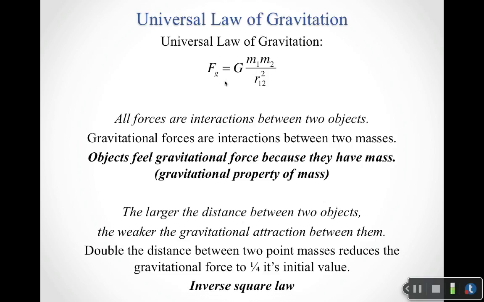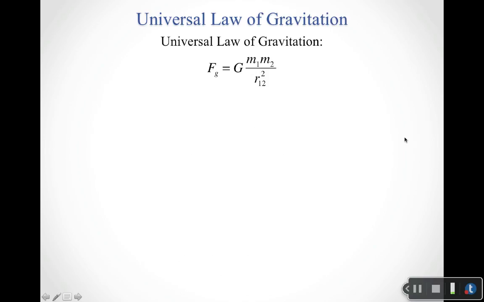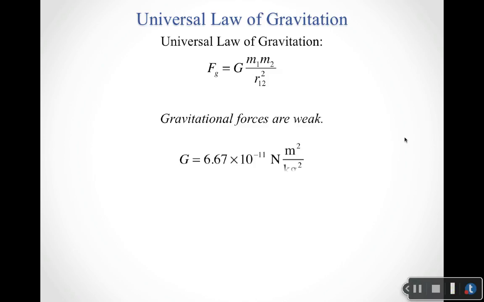The larger you make the distance, the smaller the gravitational force becomes. That's known as an inverse square law. When it drops off in this special way, 1 over r squared, that's called an inverse square law, and we'll see quite a few of those in 299, or in the second semester of the course.